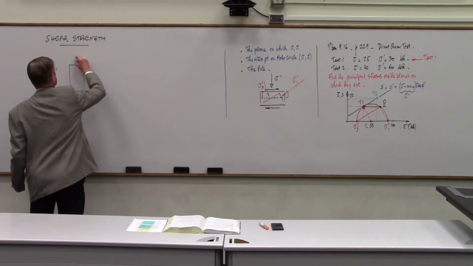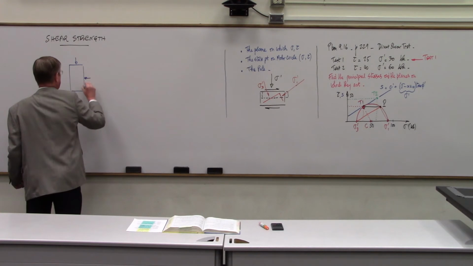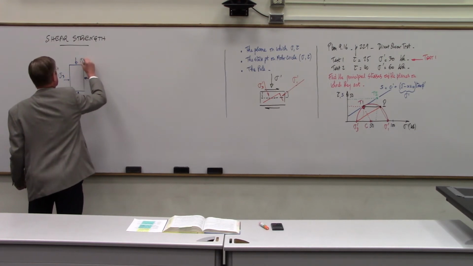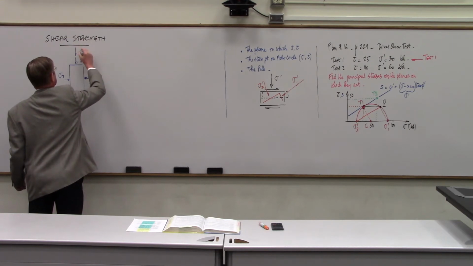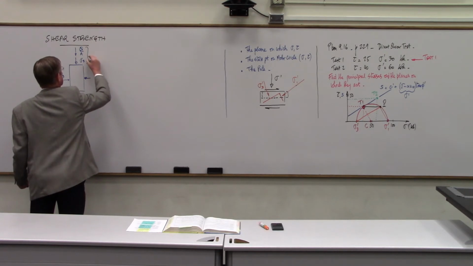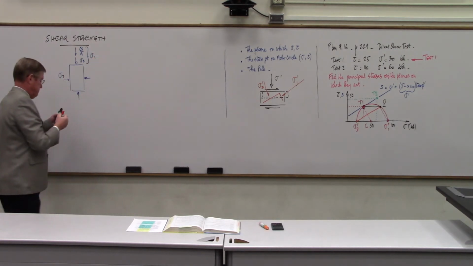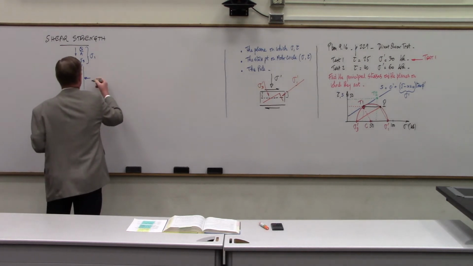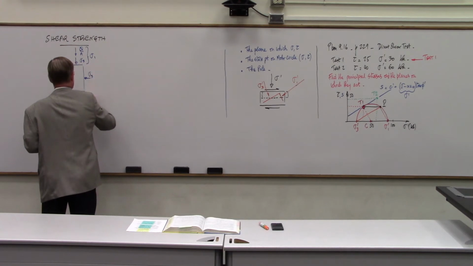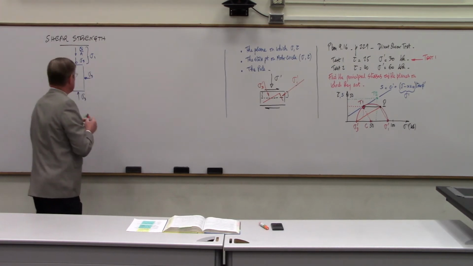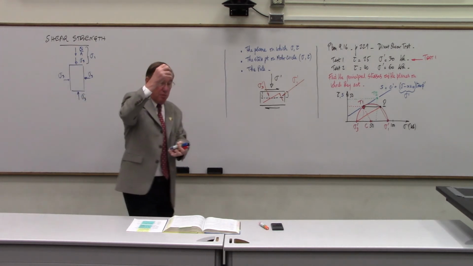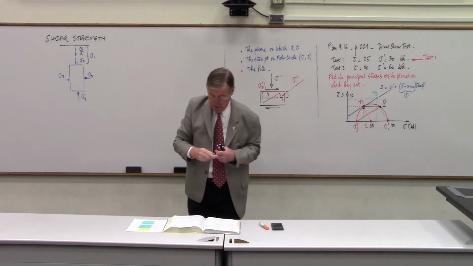We're first going to have sigma 3 all the way around the sample. And then we're going to increase the vertical stress by Q divided by A, so that this quantity right here will be sigma 1. And this is sigma 3 as well, sigma 3 here and sigma 3 there. And we're going to fail this sample by increasing the vertical stress on the sample.